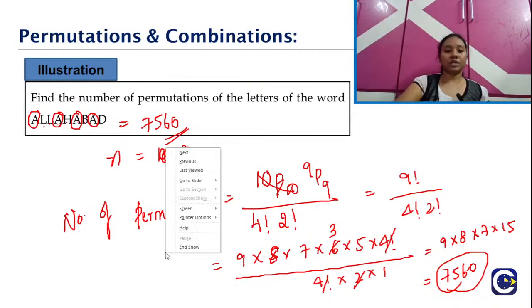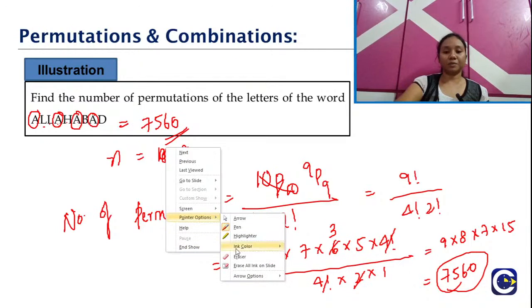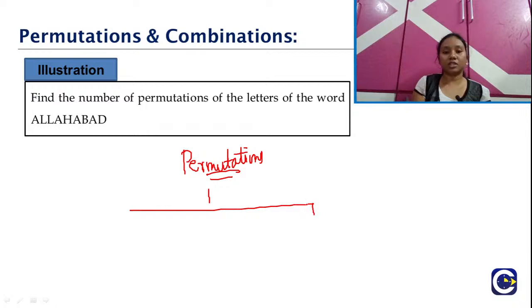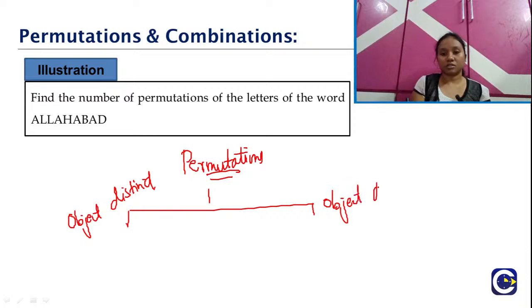So that's all for today. In our today's session, we have started with permutations. And in permutations, we have discussed two kinds: one when objects are distinct and the other when objects are alike.